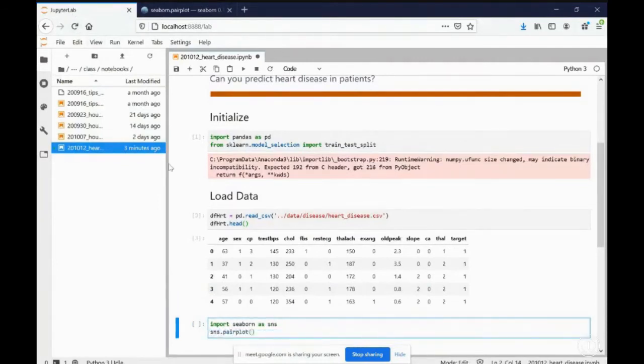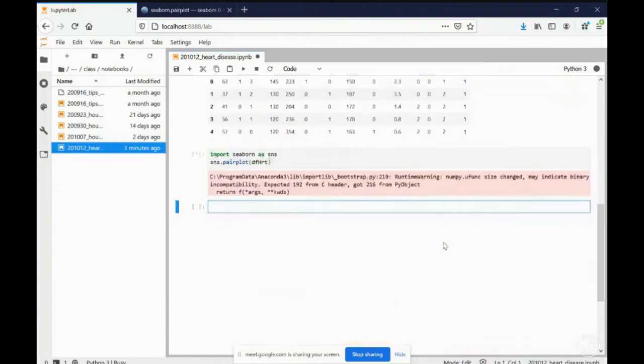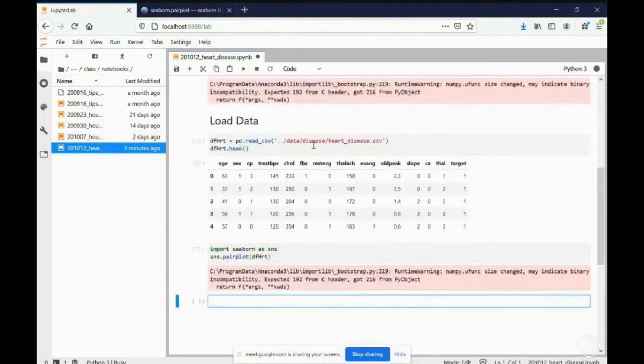And here, our data frame is not that big, right? If you only wanted to look at a few columns, you just limit those. But let's just go with the entire data set here. It does take a little bit of time because it's plotting everything against each other.